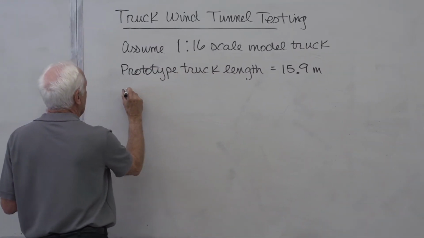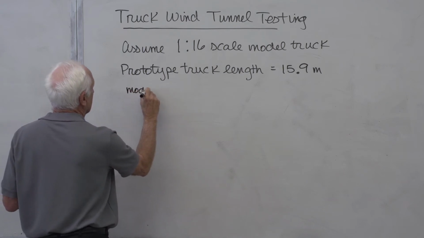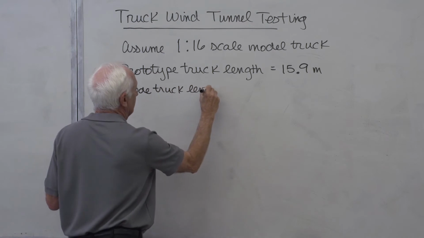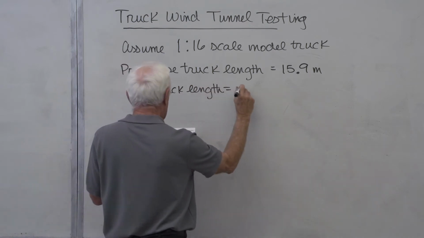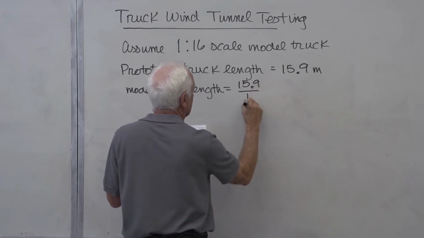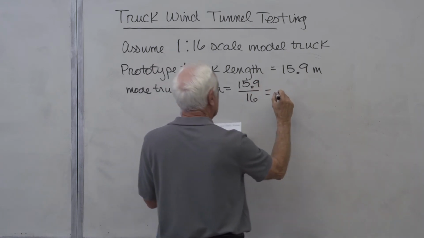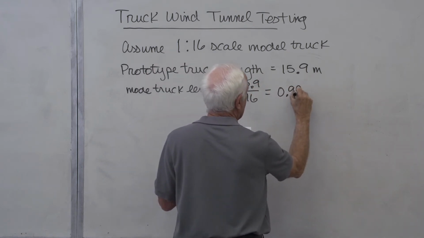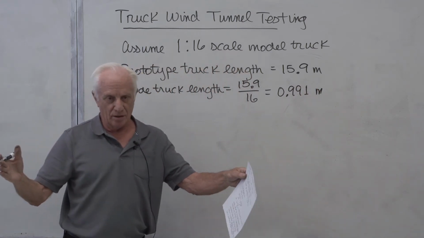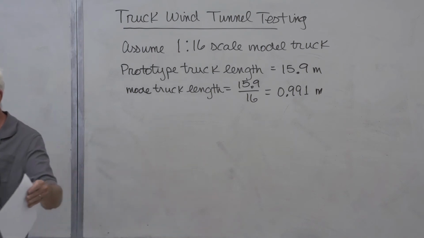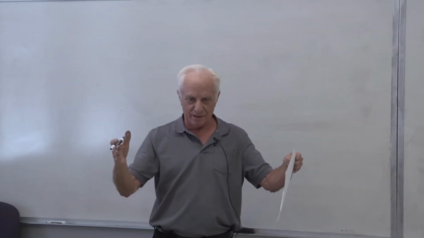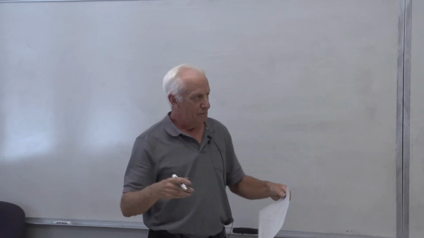So the model truck length, 15.9 divided by 16, is essentially 1 meter. It's about that long. So I try to find a wind tunnel where I can put that truck model in.